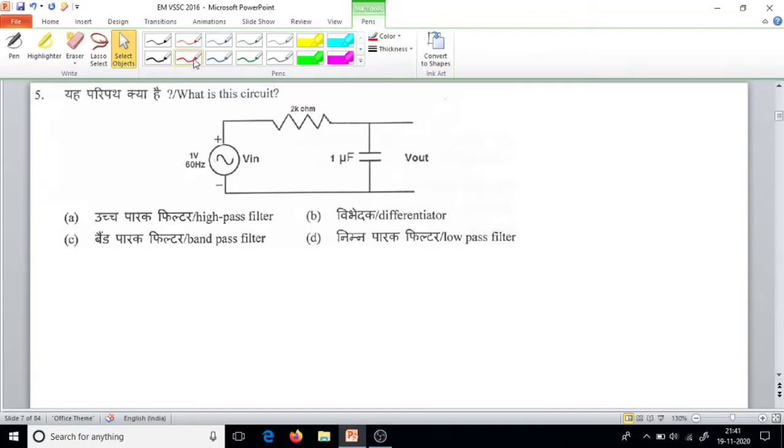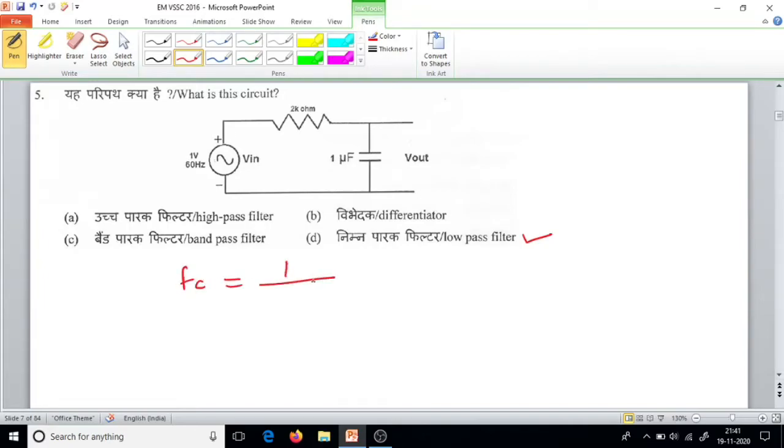Question number 5. What is this circuit? This circuit is a low pass filter. Now, every filter will have a cutoff frequency. What is the cutoff frequency of a low pass filter?